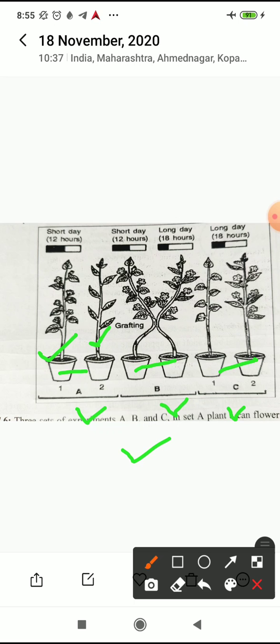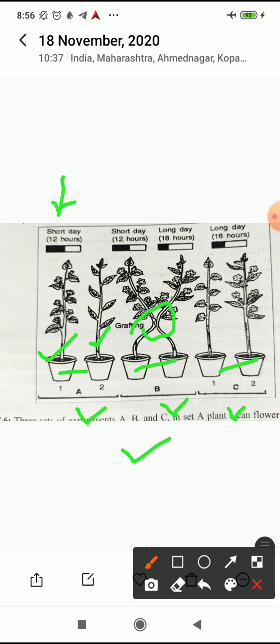These two plants in set B have been grafted. Plant A received proper photoperiod, but B did not.